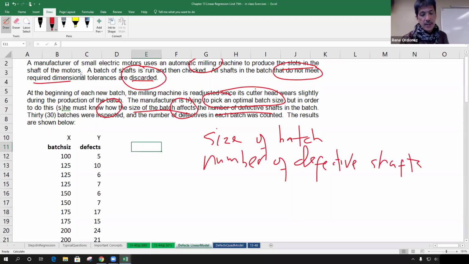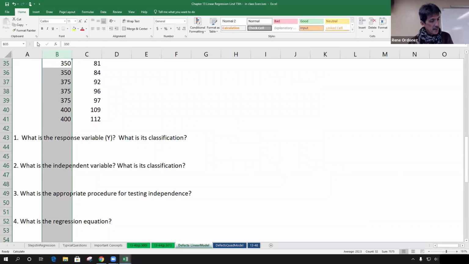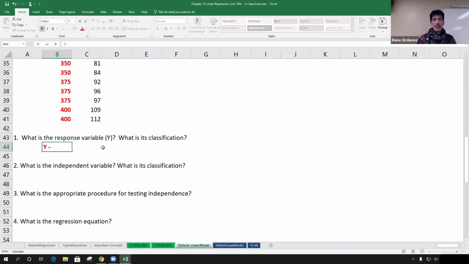All right, so the first question in the list down at the bottom: what is the response variable? In other words, what is the variable of interest in this scenario, which we again denote as y. So what do you think is the response variable?